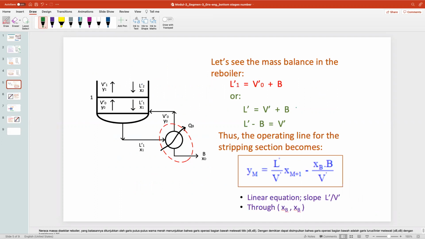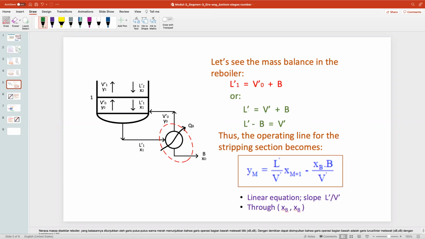Let's see the mass balance in the reboiler. L1 equals V0 plus B, or L equals V plus B, and also L dash minus B equals V. So the operating line becomes this.